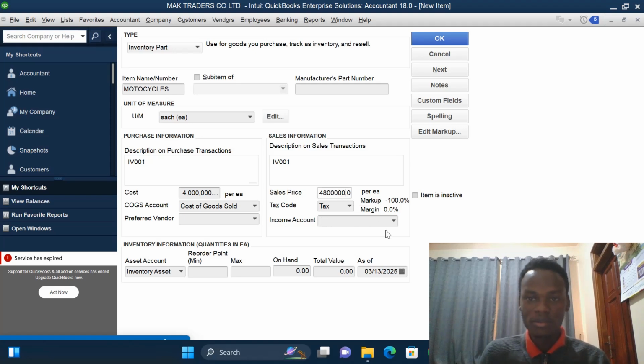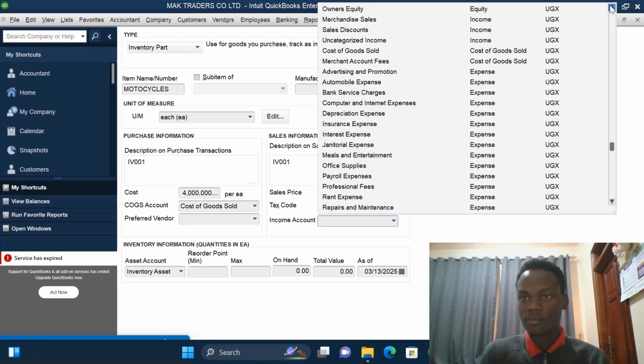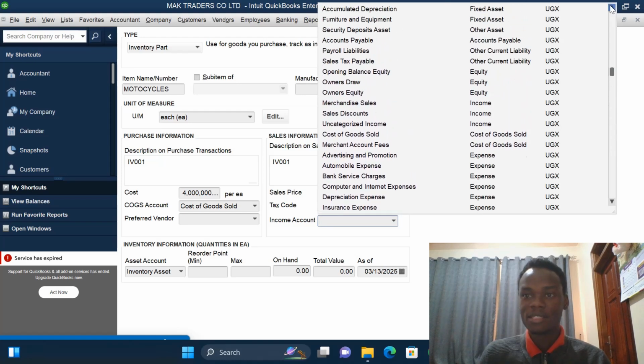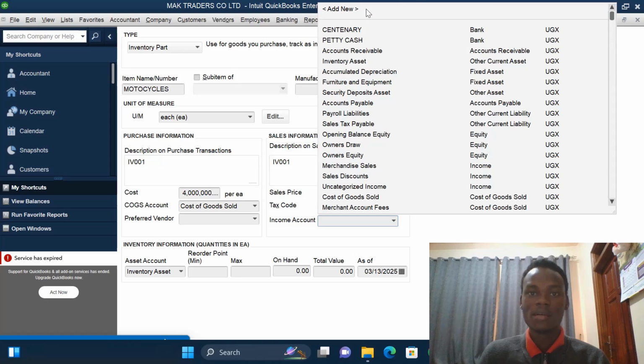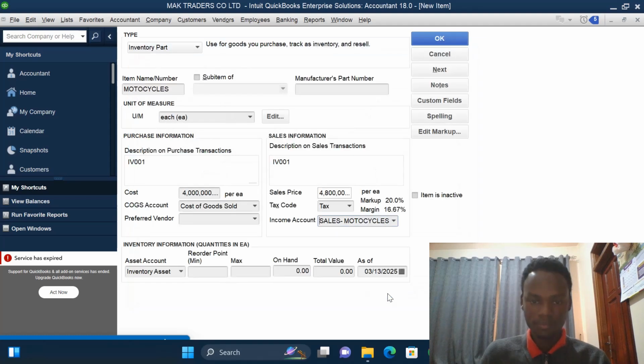So what we're going to do, we're going to create an income account where our money from the sales of the motorcycles will go. So come and add new. We'll say sales motorcycles. So we'll save. That's the account where our money will go from the sales.